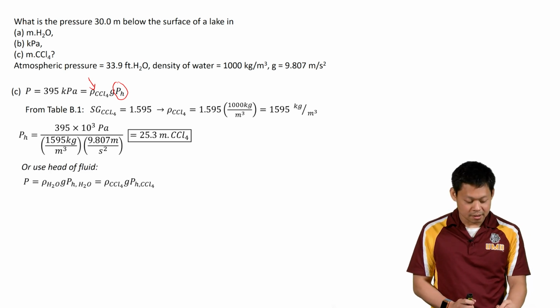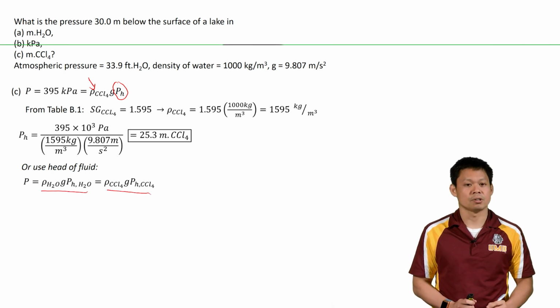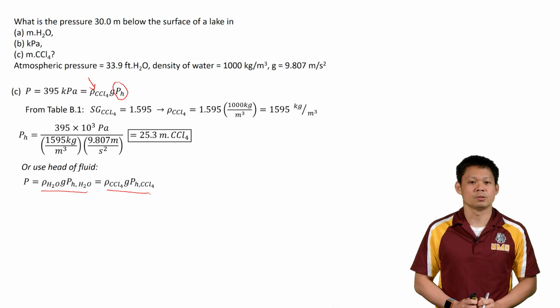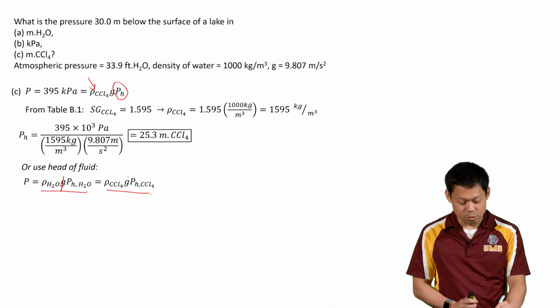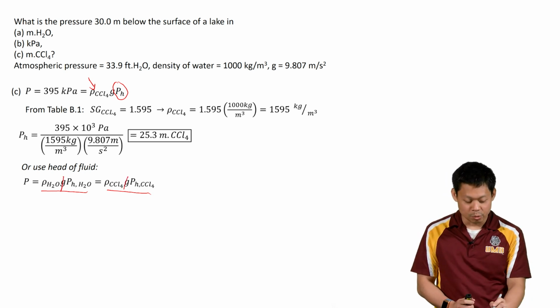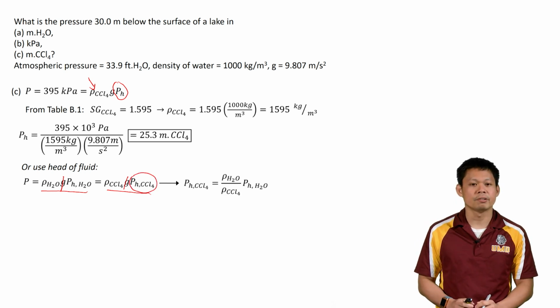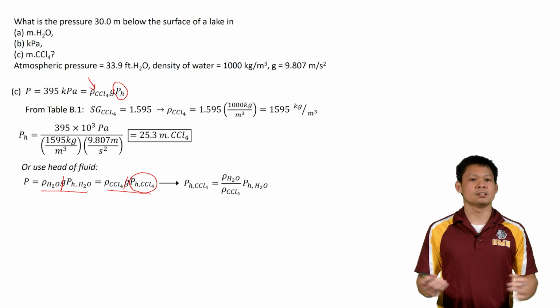This is the definition of head of fluid in water, and this is in carbon tetrachloride. The only difference is the densities, and obviously you're going to have different heights to give you that same pressure. You can see that in this case, the g cancels out, so you don't have to worry about the g. We want to solve for the head of carbon tetrachloride. So if I rearrange this equation, you can see that it's a ratio of the densities of the two fluids.